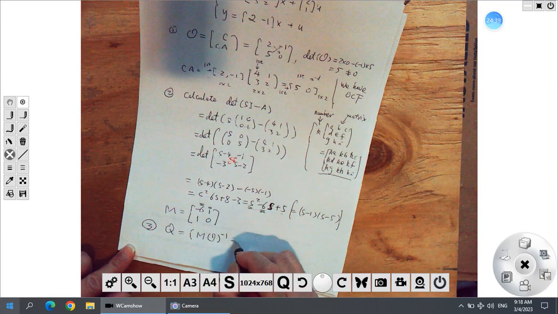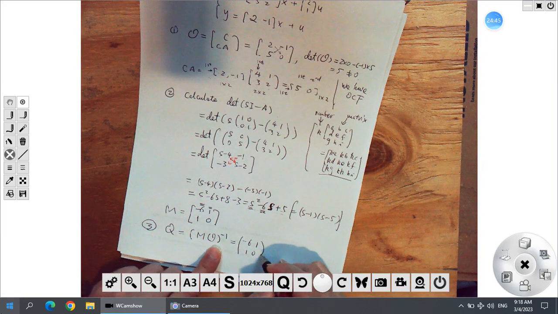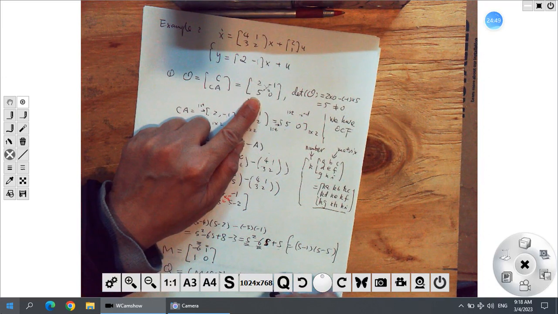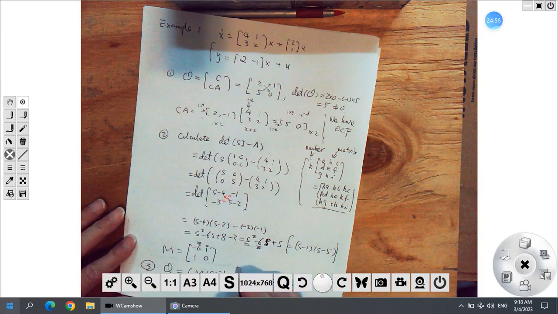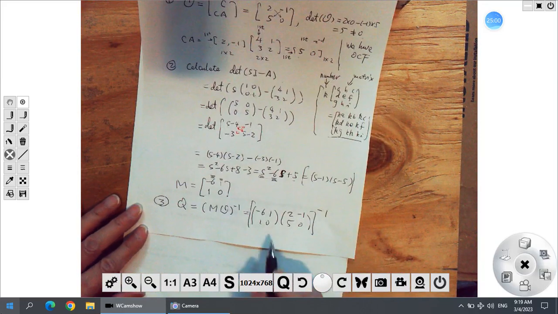Okay, so this is the inverse of M. M is -6, 1, 1, 0 times O. O is here. It is 2, -1, 5, and 0. Times O, then take the inverse.